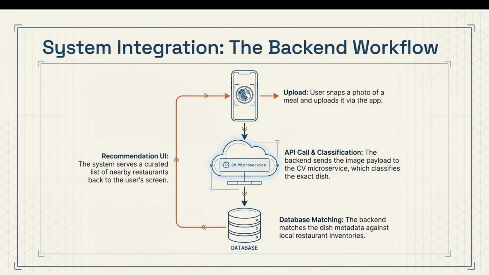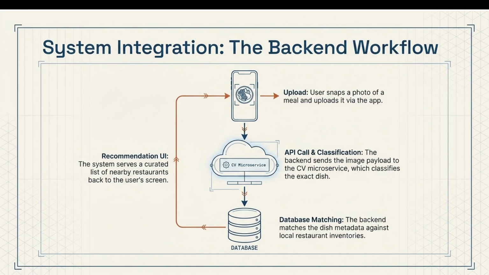System integration. This is one of the real-time examples. Suppose there is an app where you capture an image of a dish and want to search which restaurants have that dish available. When the user uploads the image of the meal, it goes to the computer vision microservice, which classifies the exact dish.